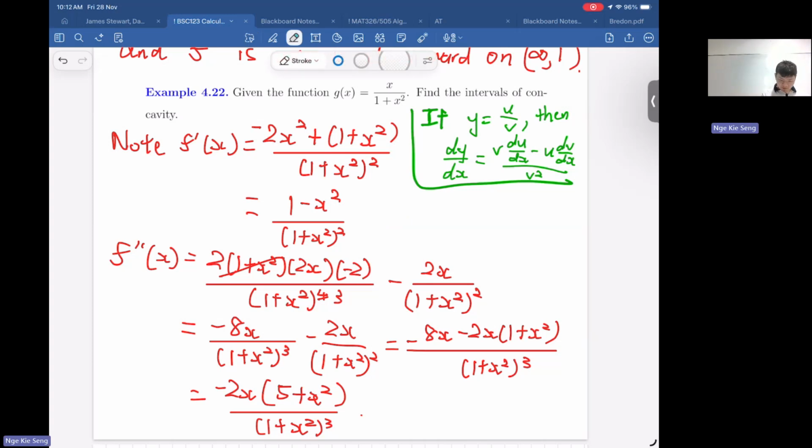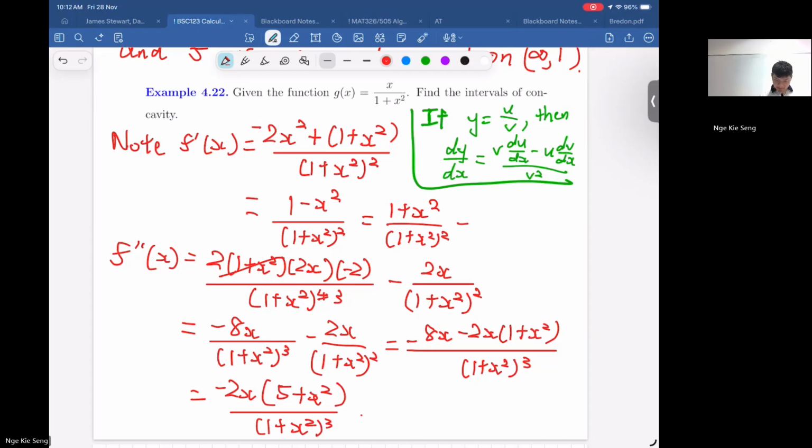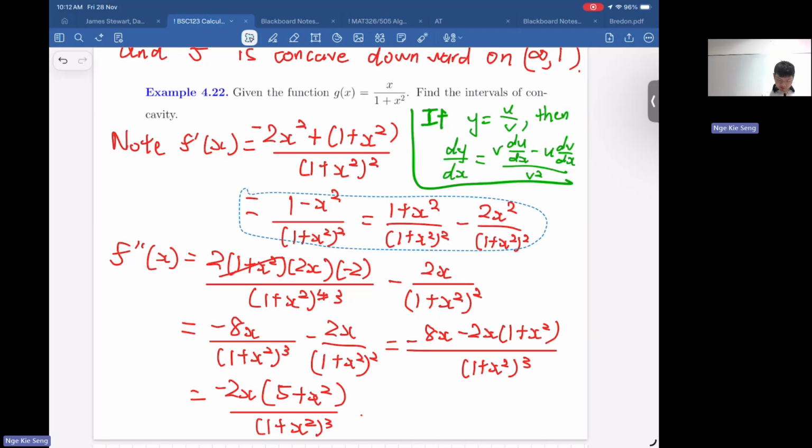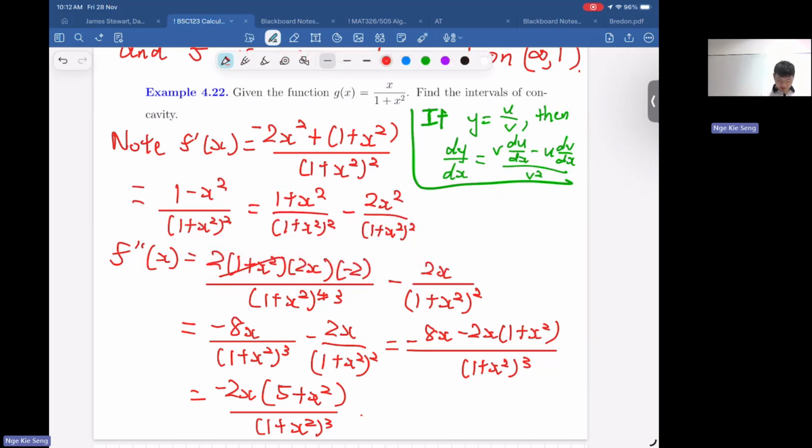How about this? This is 1 plus x squared over 1 plus x squared, minus 2x squared over 1 plus x squared. What if we simplify to this? Maybe it's easier to do differentiation later.